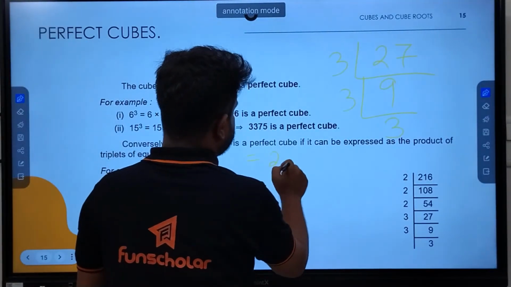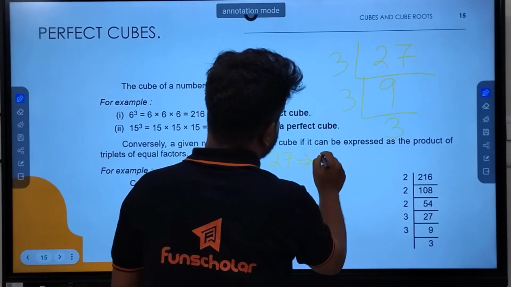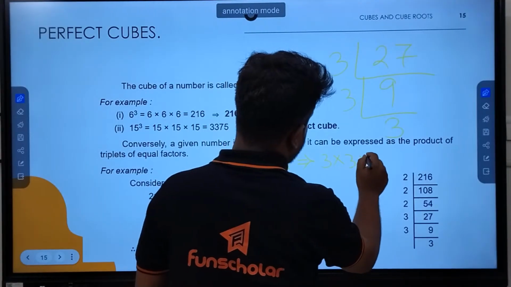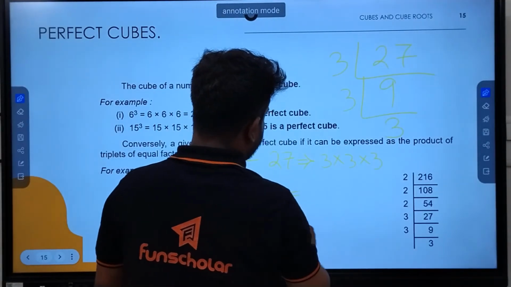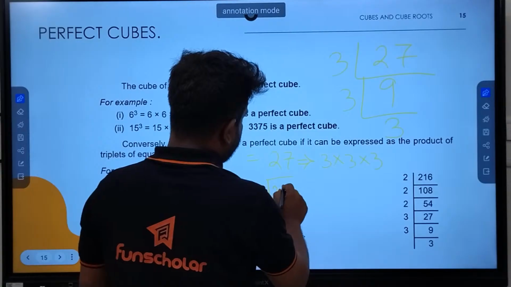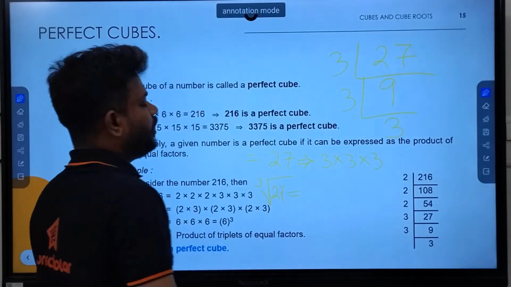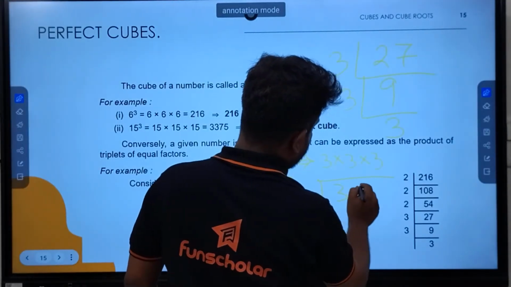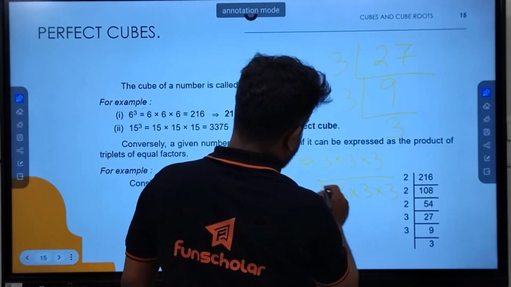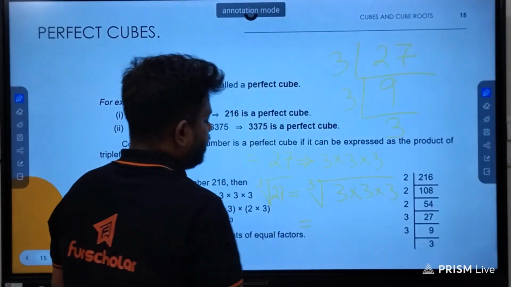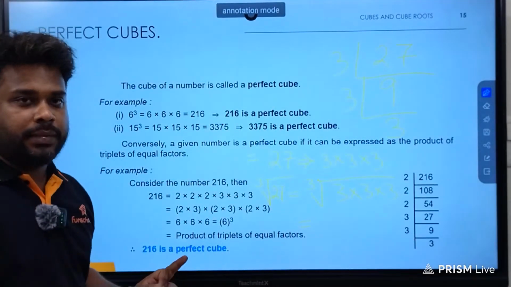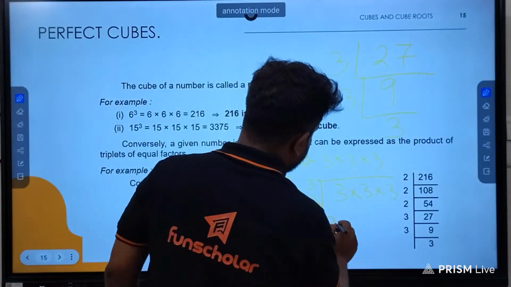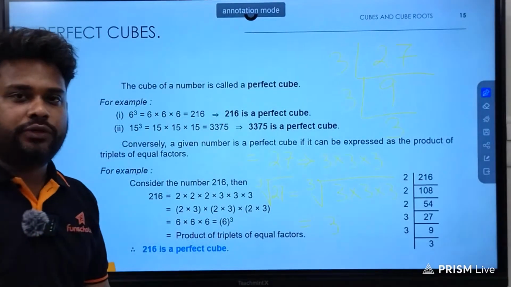So 27 can be written as 3 into 3 into 3, and if we try to find the cube root of 27, we can just write 3 into 3 into 3 under a cube root symbol, and 3 into 3 into 3 can be written as just 3.